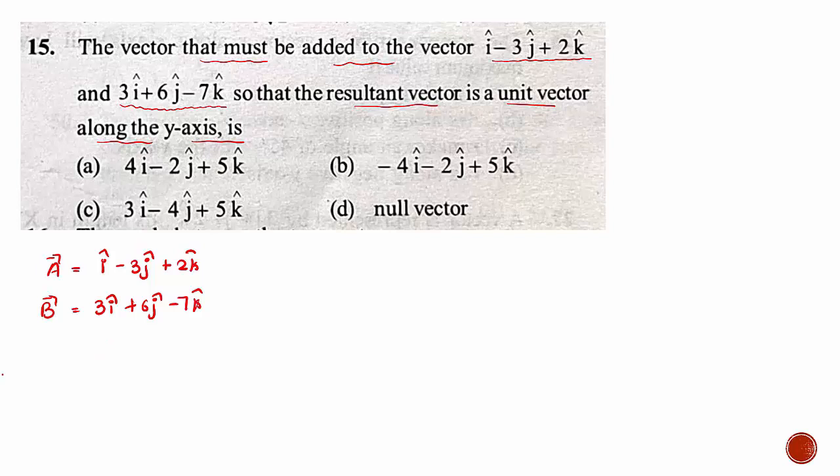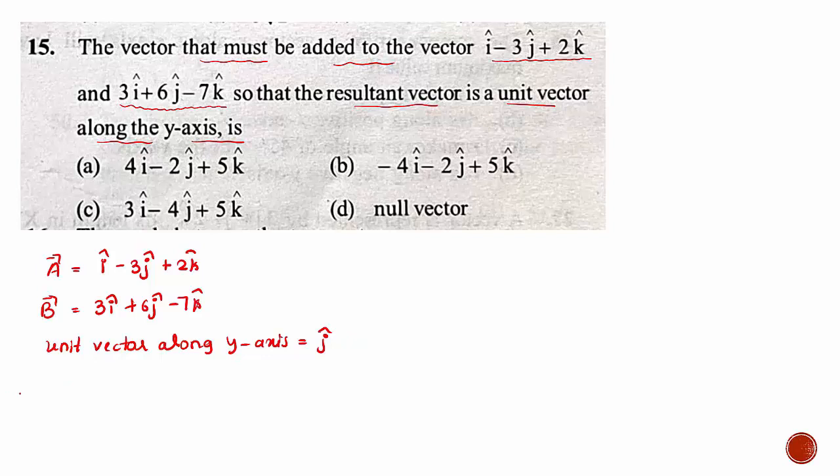Unit vector along y-axis means we can consider j cap, because i cap is along x-axis, j cap is along y-axis and k cap is along z-axis. So the required vector is all about j.